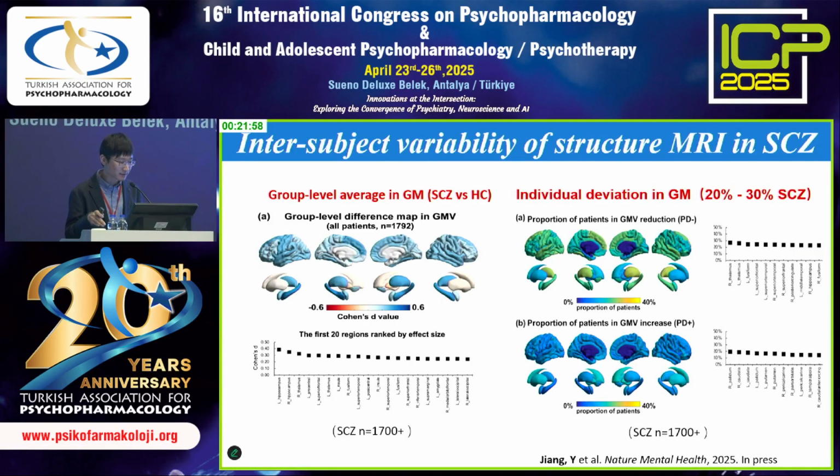We analyzed MRI data from over 1,000 cases, and found only about 20% to 30% of patients have the same atrophy at an individual level. So there is a big variability in patients with schizophrenia.